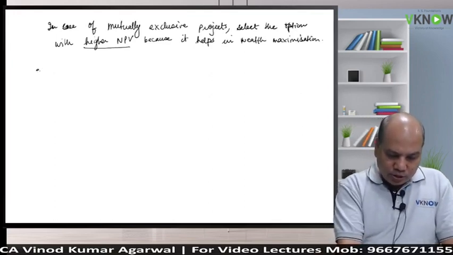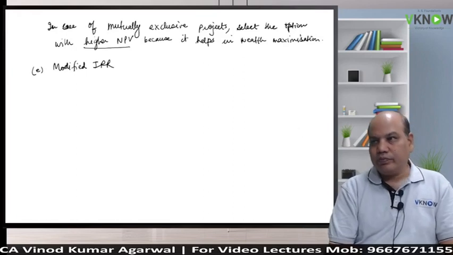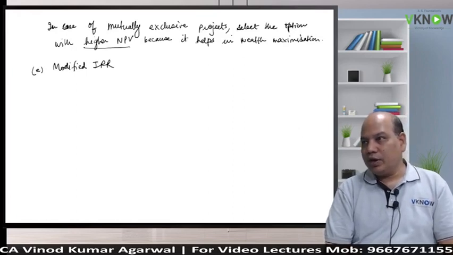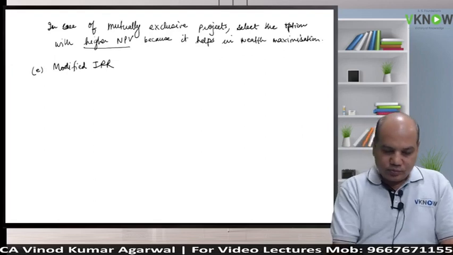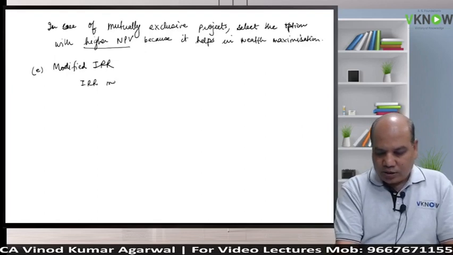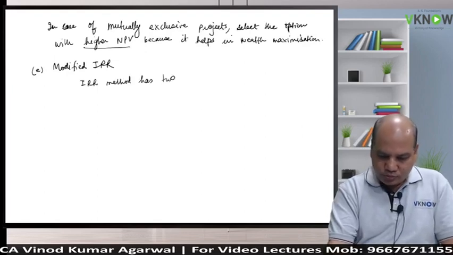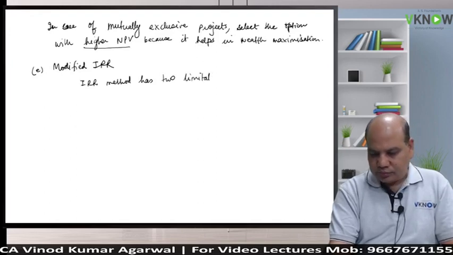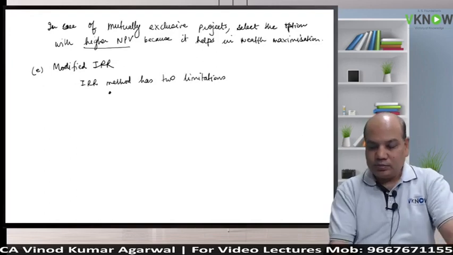Now write down point number E, modified IRR. The IRR method has two limitations. Which are these two limitations of the IRR method?